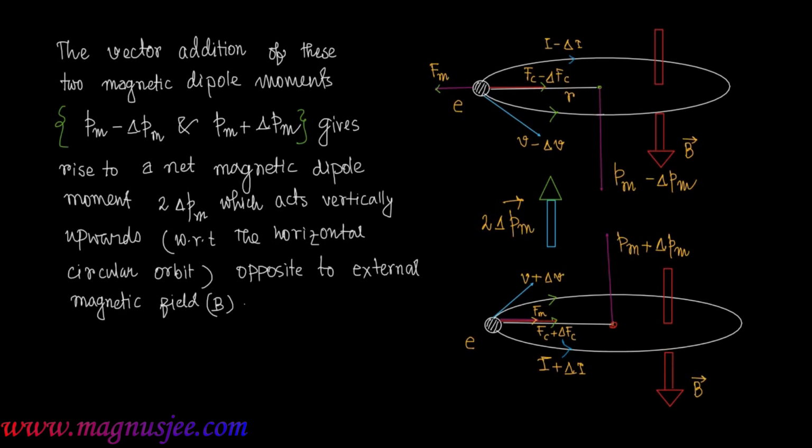That is, the magnetic dipole moment in connection with the electron revolving in the anticlockwise direction, Pm minus delta Pm, acts vertically downwards.